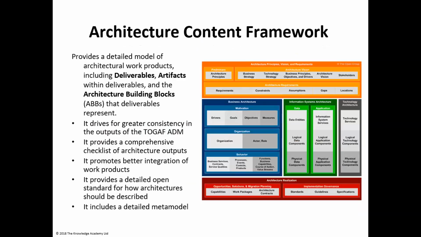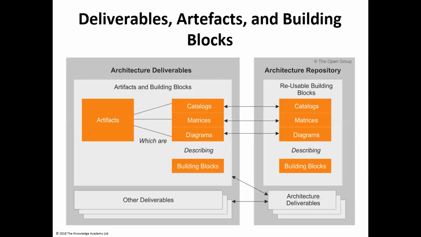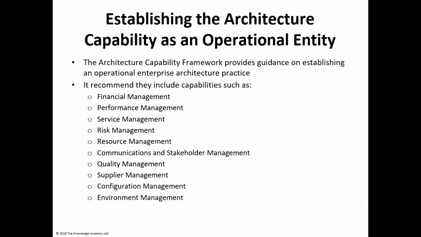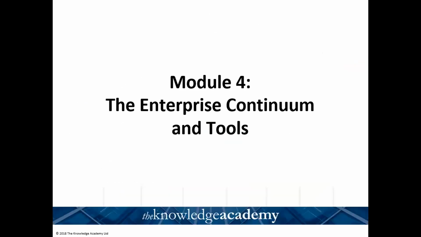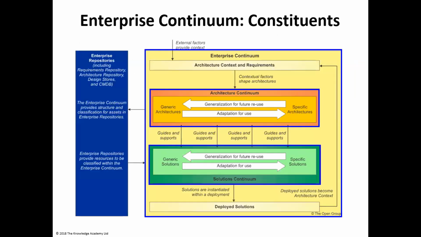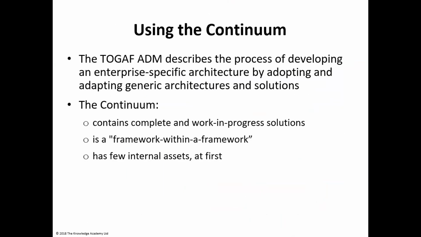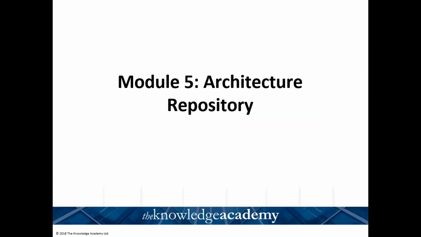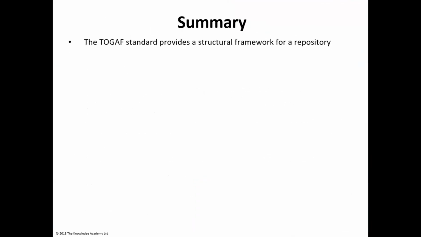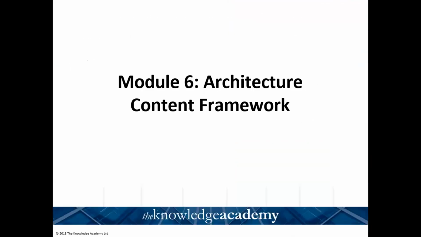Now, next one, content framework. I want to explain that to you. Let me take you to a different page, content framework. Okay, now can I have your attention? If you look here, it says architecture content framework.